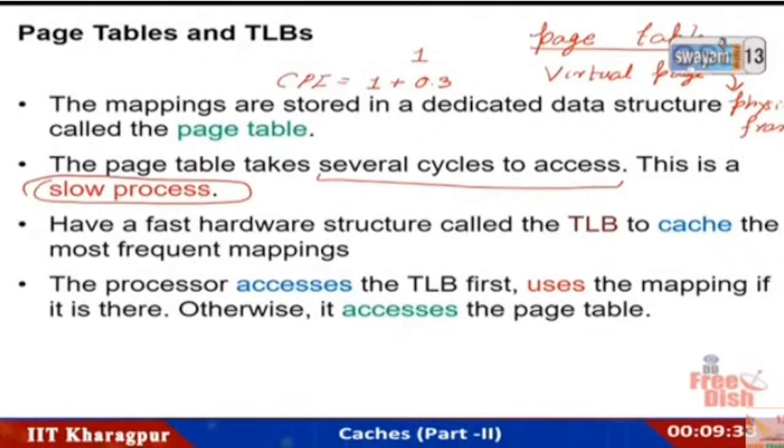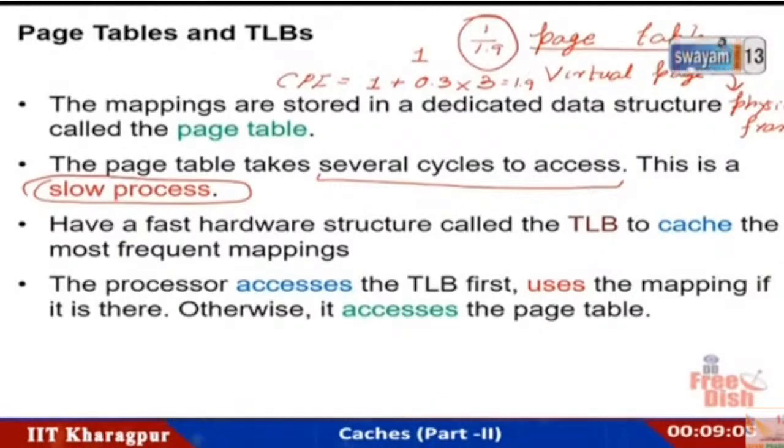If I just consider the overhead required for translation, and let's assume that it takes 3 cycles to translate, then the CPI actually becomes 1.9. So the IPC will then become 1 by 1.9, which is roughly half. So this is a massive hit in the IPC. This is not something that we can tolerate.